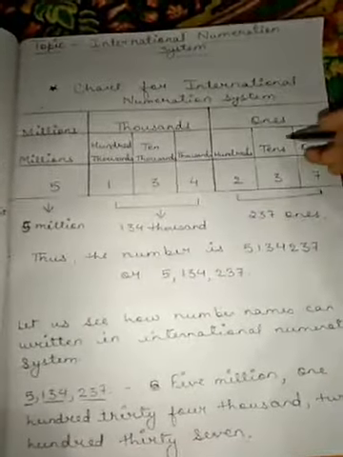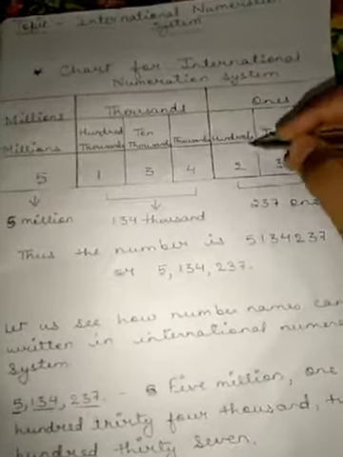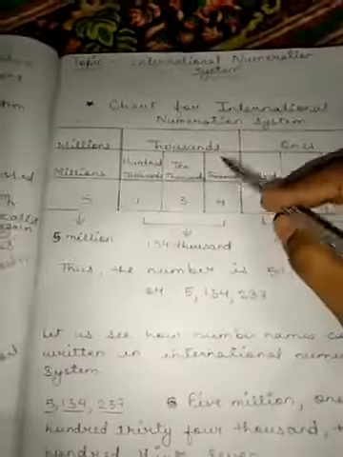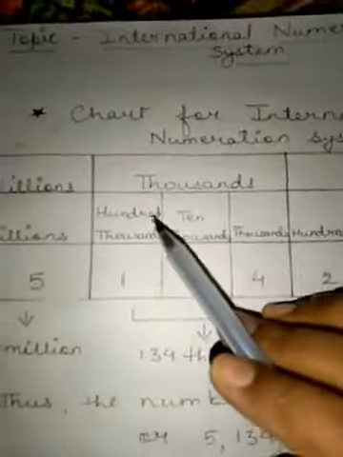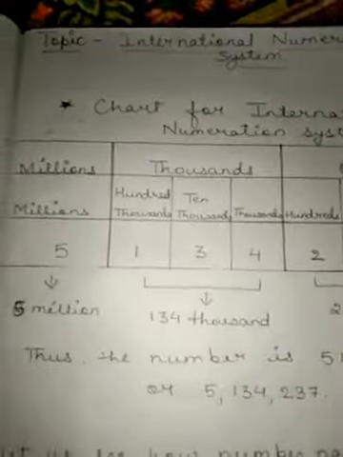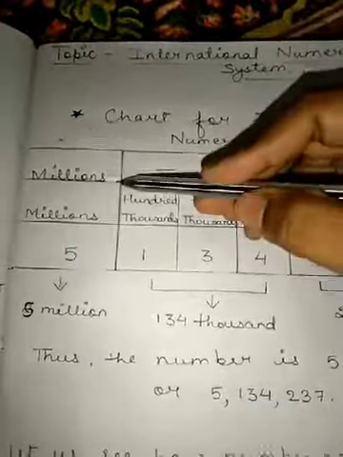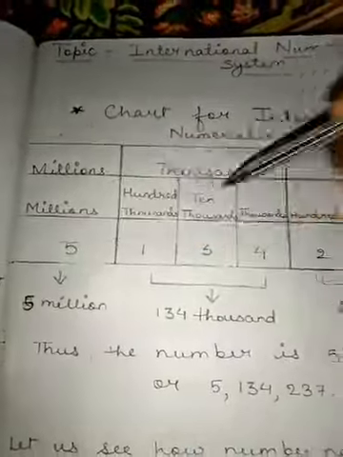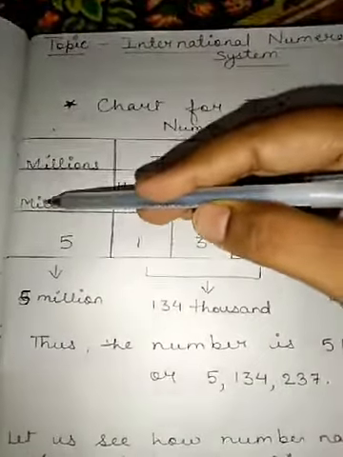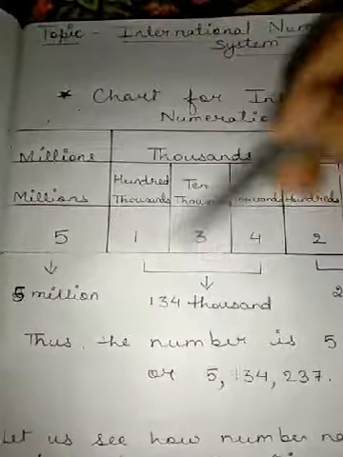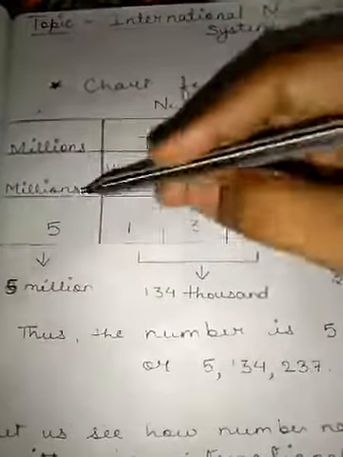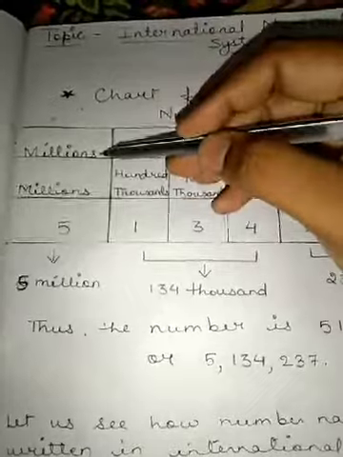Ones, thousands, and millions are periods. In the ones period, ones, tens, and hundreds come. In the thousands period, thousands, 10,000s, and 100,000s will come. And in millions, millions, 10 millions, and 100 millions will come. We are doing 7-digit numbers only, so we will learn about millions only.